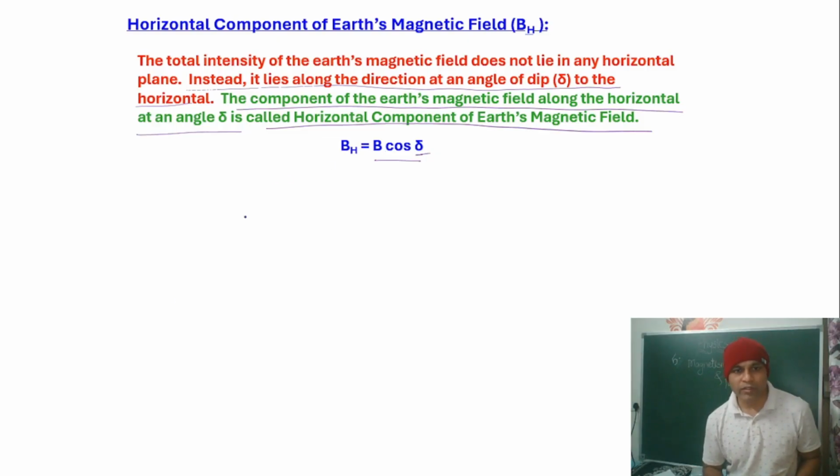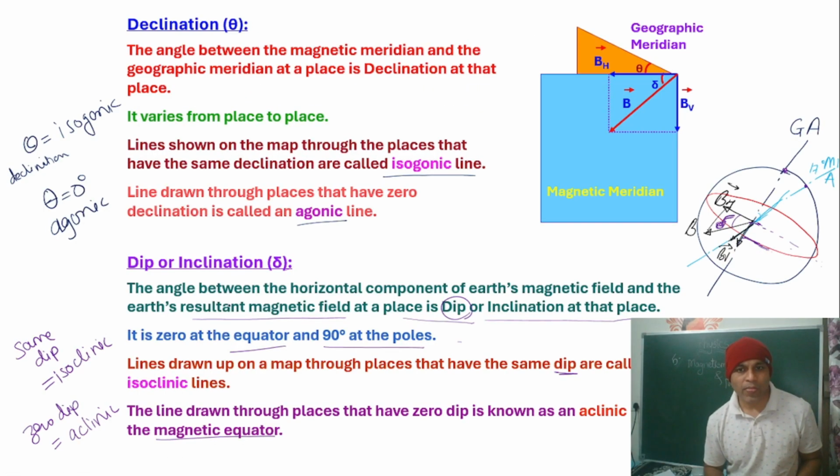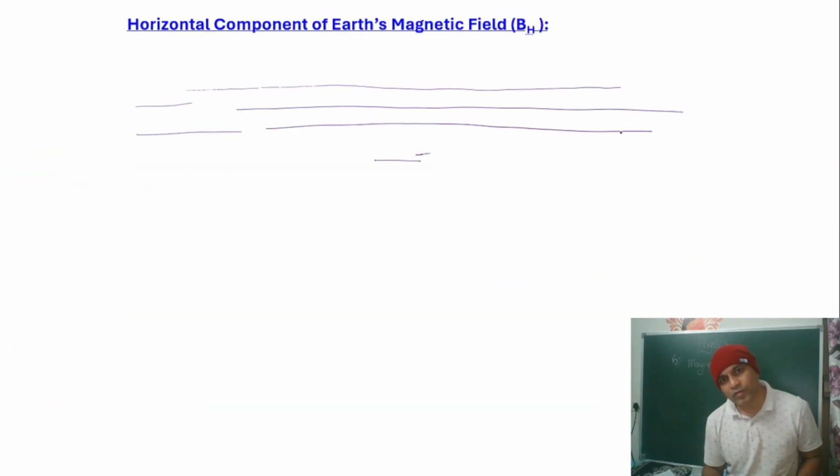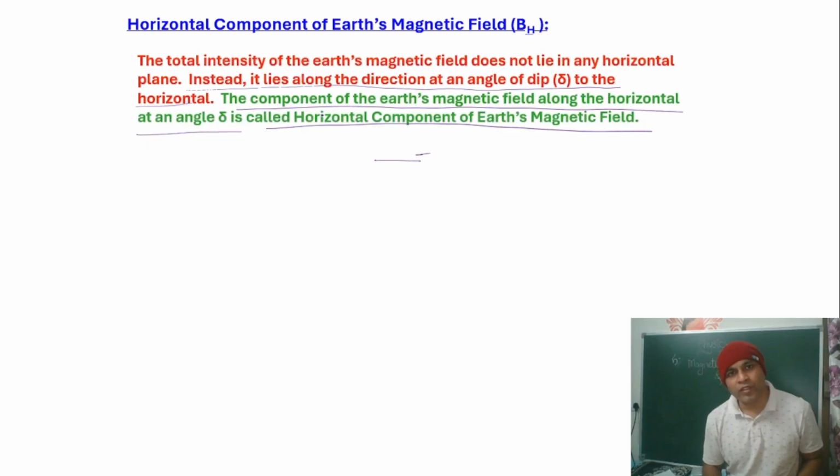Okay, can we go to the previous slide for the sake of this? So here it is. BH on this delta, so BH is equal to B cos delta.